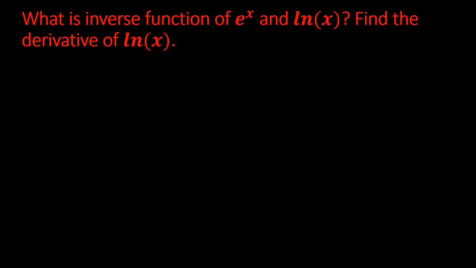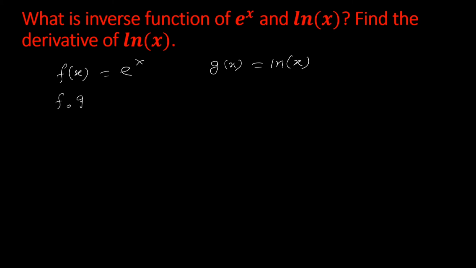Next, what is the inverse function of e to the power x and ln x, and find the derivative of ln x. Let f of x be equal to e to the power x and g of x be equal to ln x.